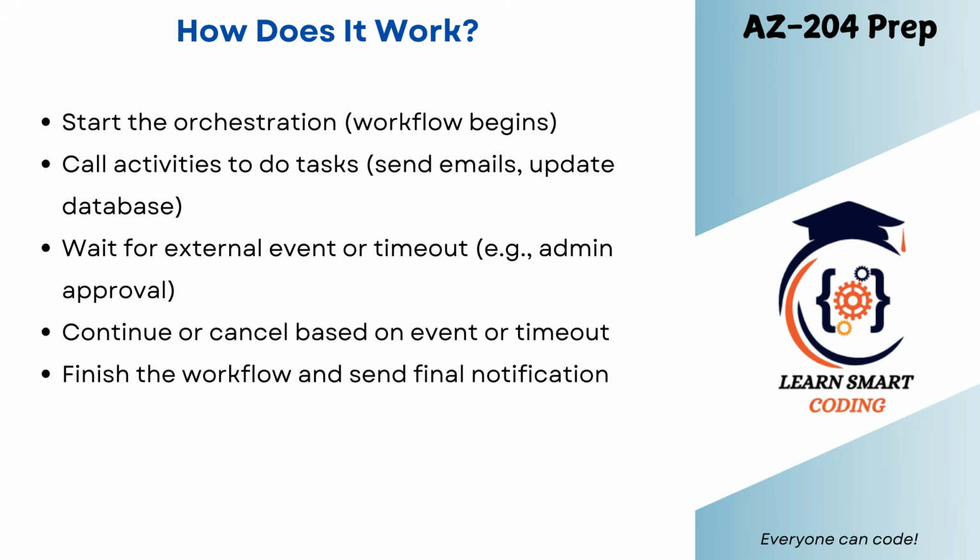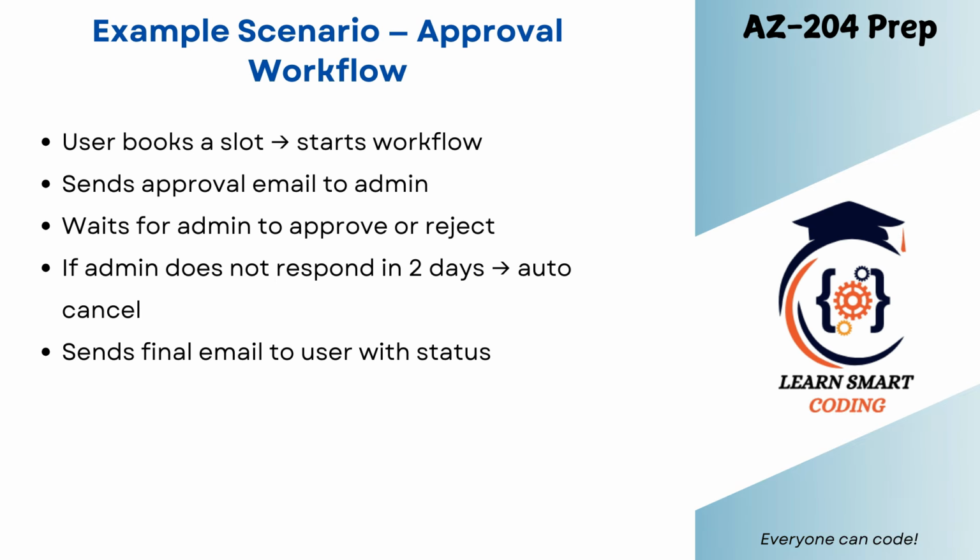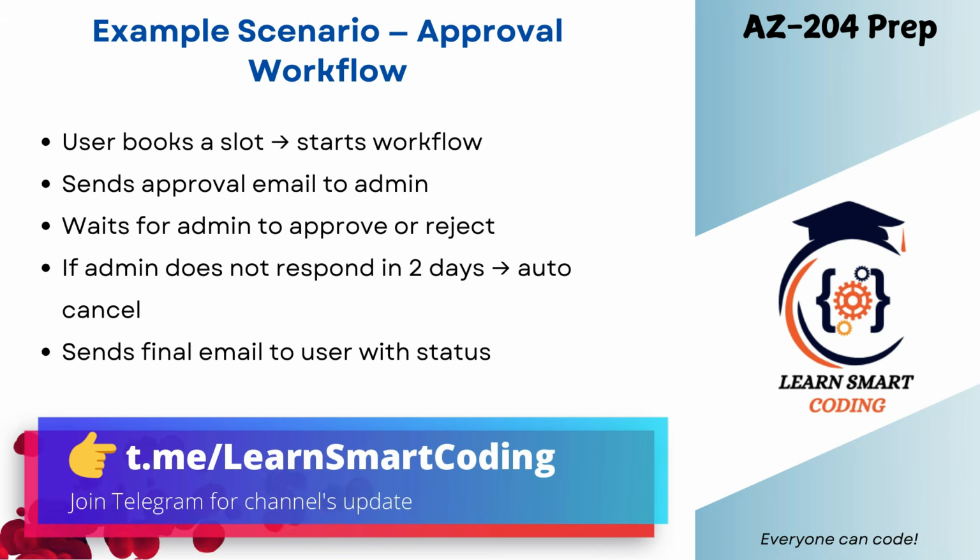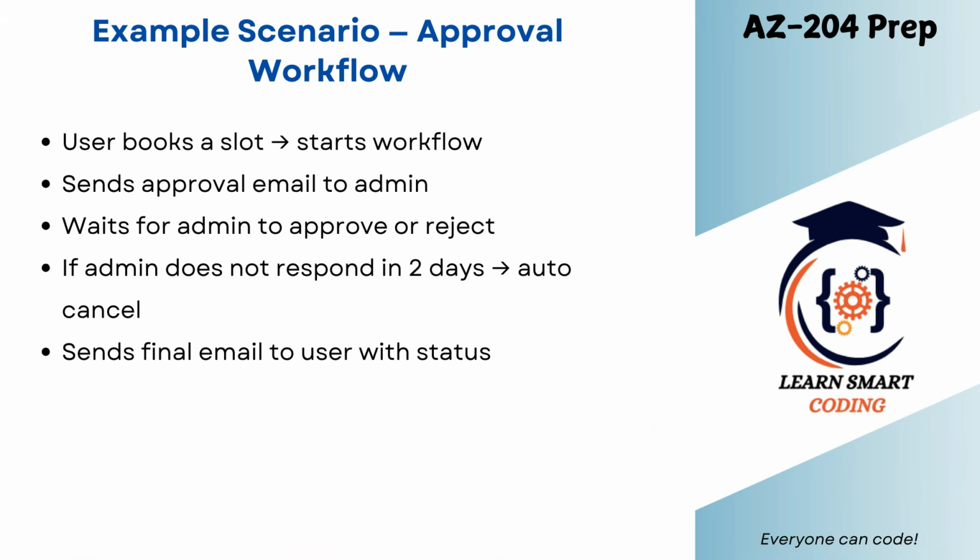Then it can either continue or cancel based on the event or the timeout. Finally, finishing the workflow and sending the notification. So in our case, we saw all of this approval process and denial process, how these things are done. All of those things we saw.